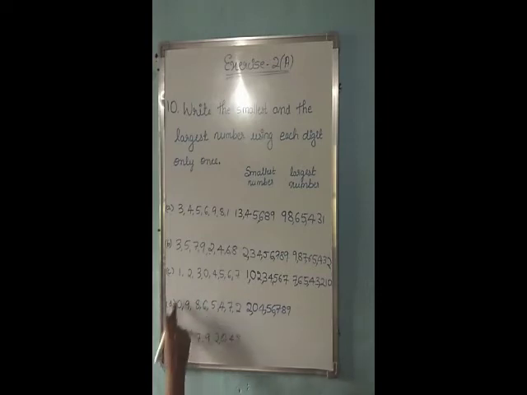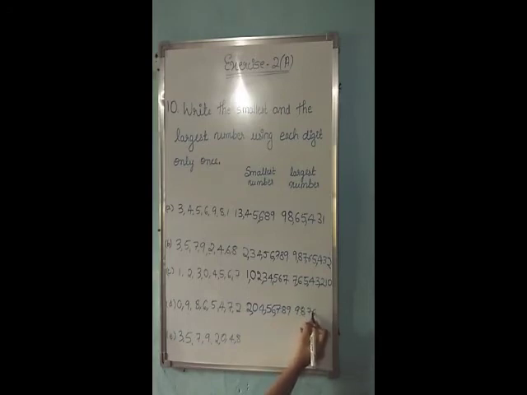Similarly, by arranging the given digits in descending order, we will get 9, 8, 7, 6, 5, 4, 2, 0. So the greatest or largest number is 9 crore 87 lakh 65,420.